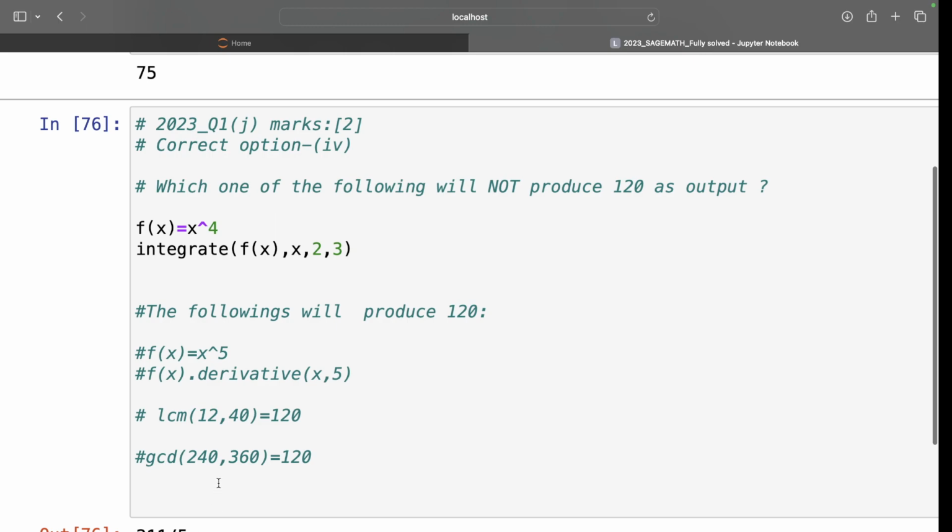The output is 211 by 5, because all the other commands, fx equal to x to the power 5, fx dot derivative x comma 5, LCM 12 comma 40, are equal to 120. You can check all of these; all are 120. So the answer is 4.